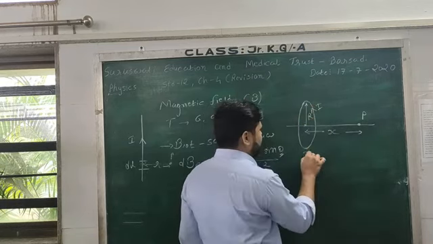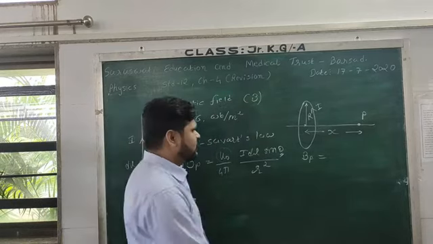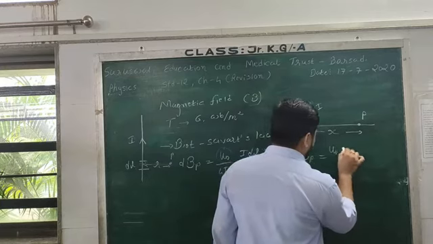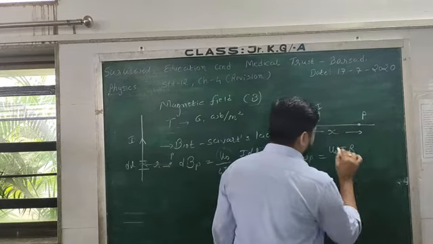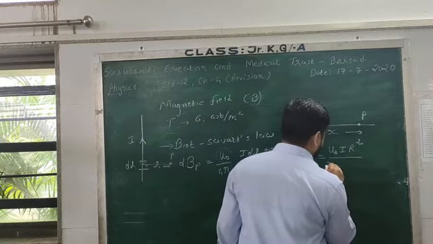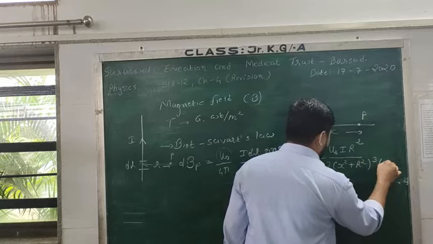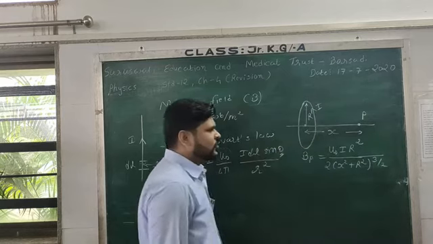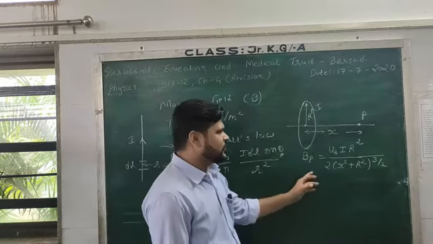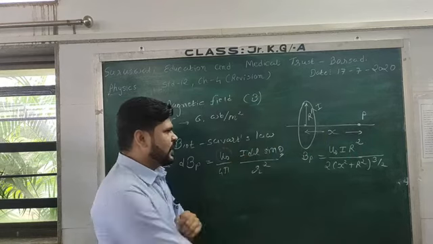Then at point P the magnetic field was derived as mu 0 I r square upon 2 times x square plus r square raised to 3 by 2. This is the application of Biot-Savart law.